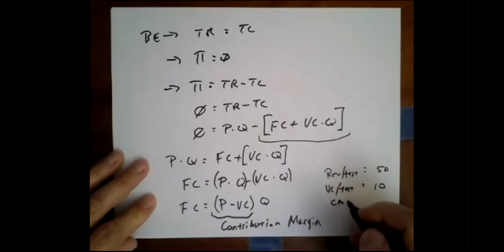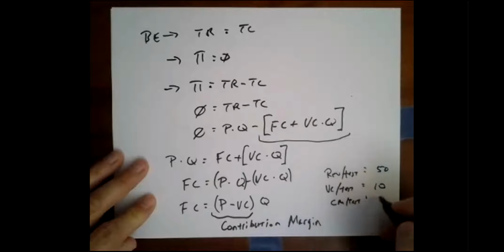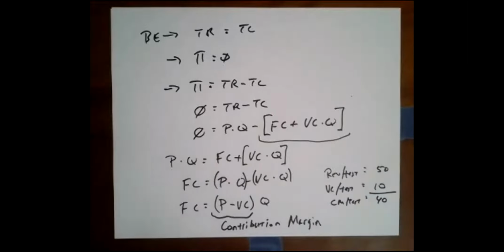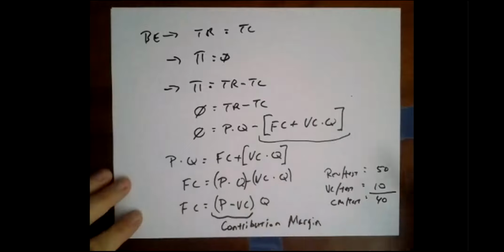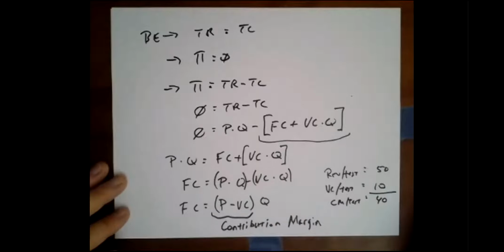So the contribution margin per test was equal to 50 minus 10, or 40. So for every test that our little lab did, they brought in $40 towards covering their fixed costs and generating profit.